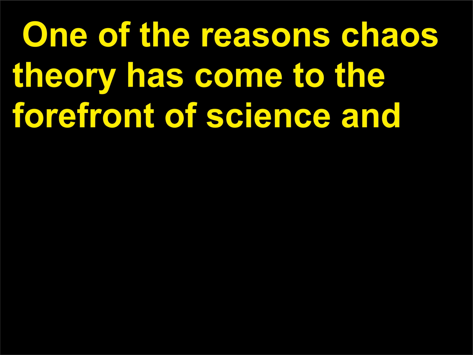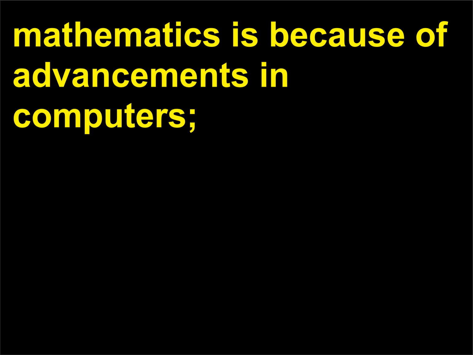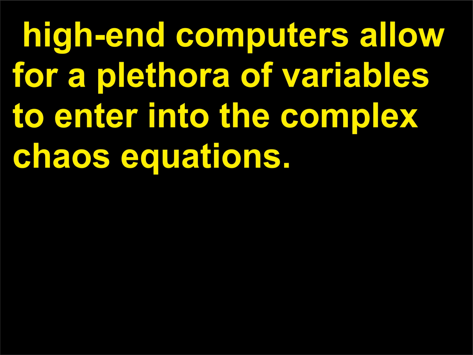One of the reasons chaos theory has come to the forefront of science and mathematics is because of advancements in computers. High-end computers allow for a plethora of variables to enter into the complex chaos equations.